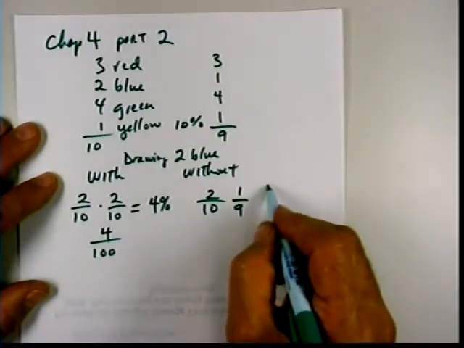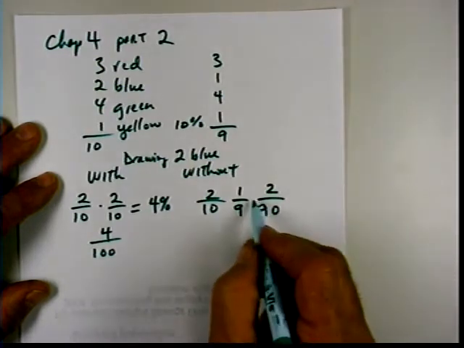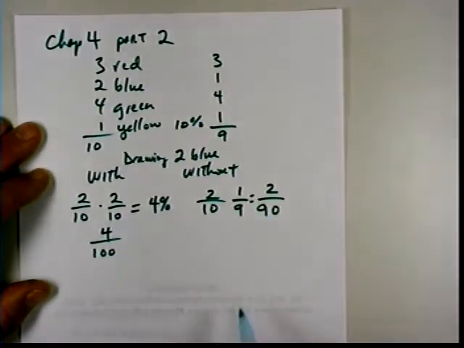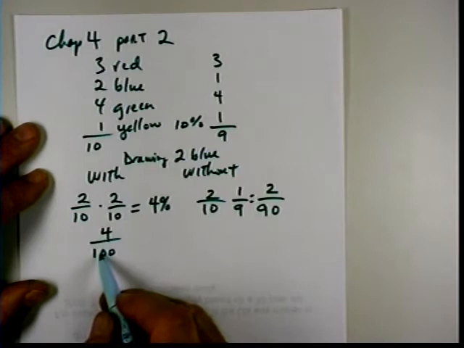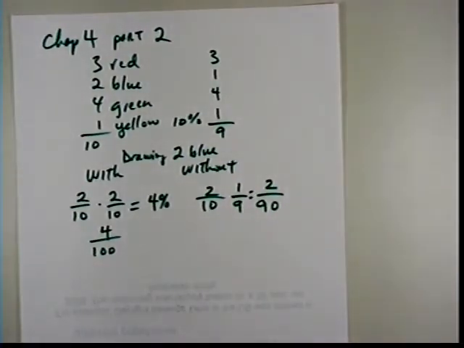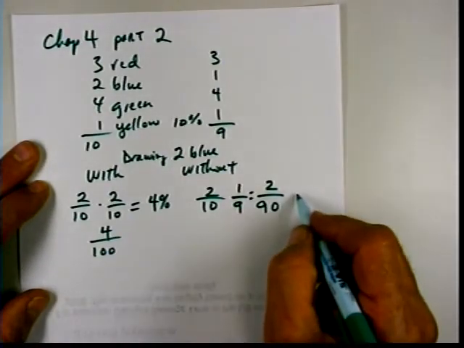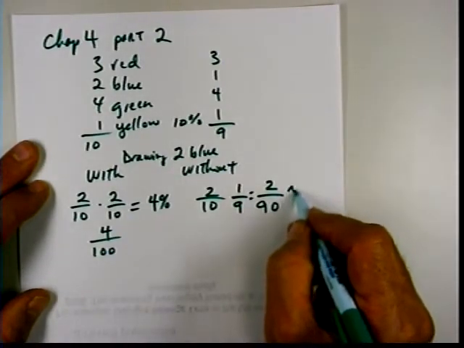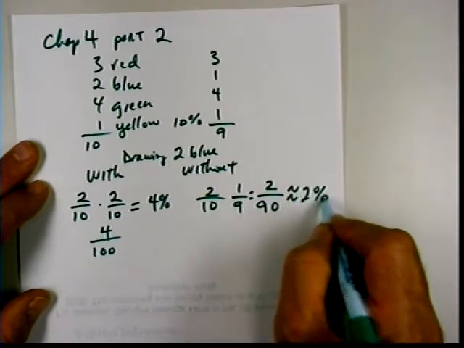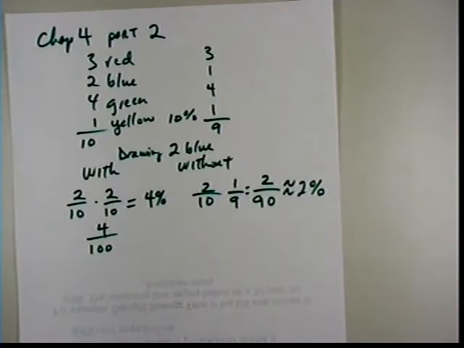Or a 2 out of 90 chance. Over here it was 4 out of 100. It's 2 out of 90. You can see that there's quite a bit of difference in that. This is going to be slightly greater than 2% compared to the 4% over here. So that is dealing with replacement and non-replacement.